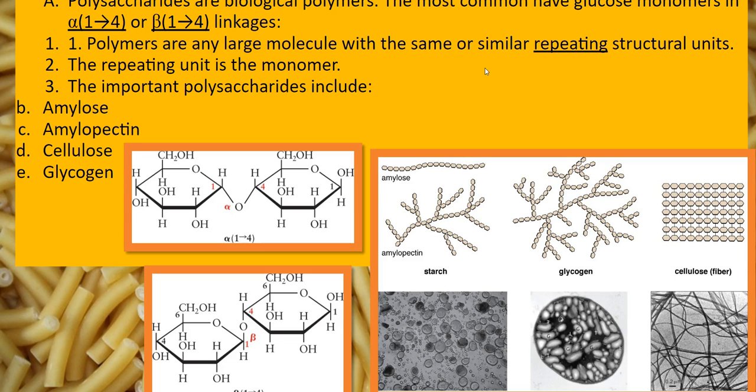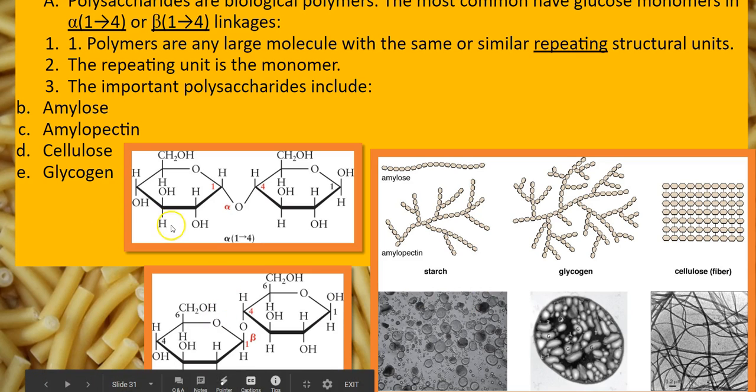And that's really all of our macromolecules that we're going to talk about, whether it be carbohydrates, lipids, DNA, or proteins. But specifically here, we're talking about chains of monosaccharides making up polysaccharides. The most important ones, but certainly not the only ones, are amylose, amylopectin, cellulose, and glycogen. We're going to look at the structure of these.